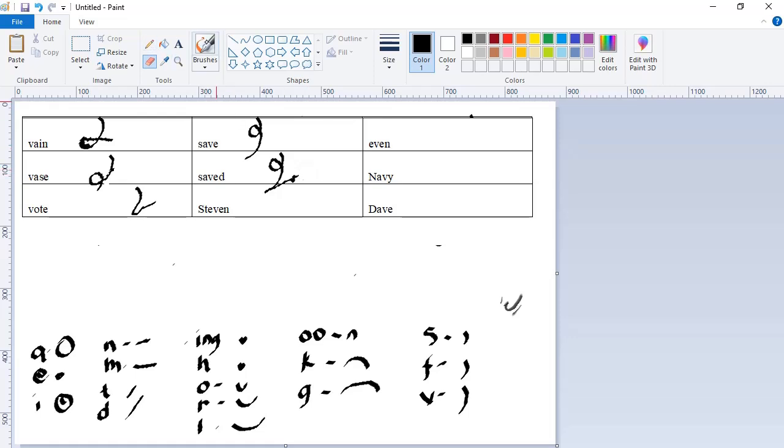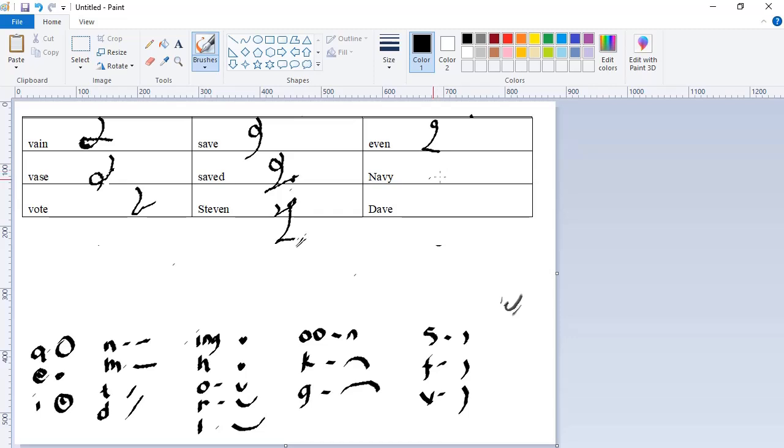Okay, next we have Steven. S-T-E-V-N and then your capital symbol. That's for Steven. Next, even, we have E-V-N.